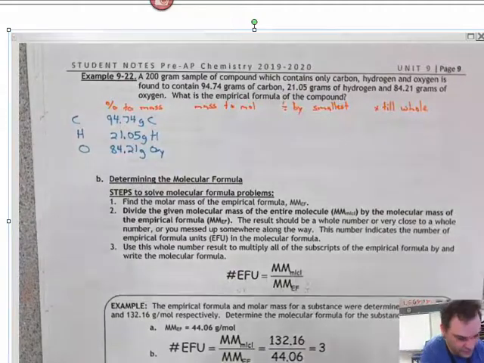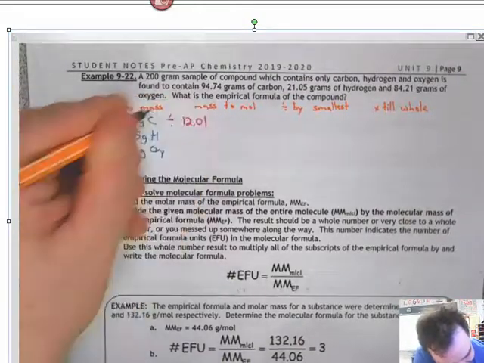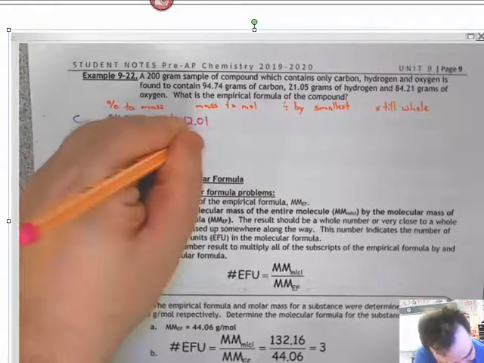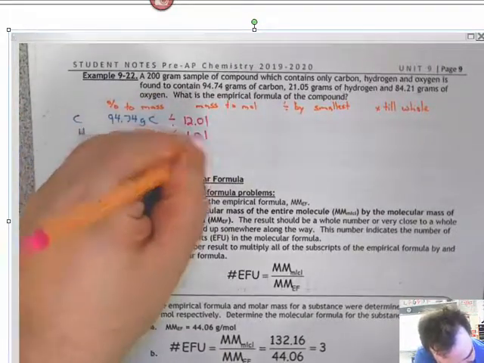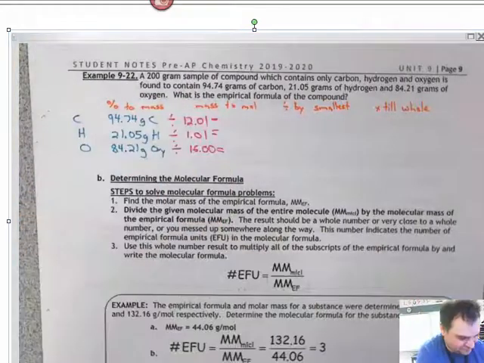They do. Then we're going to divide by the molar mass. Molar mass of carbon is 12.01. Molar mass of hydrogen is 1.01. Molar mass of oxygen is 16.00. And we're going to get some moles.